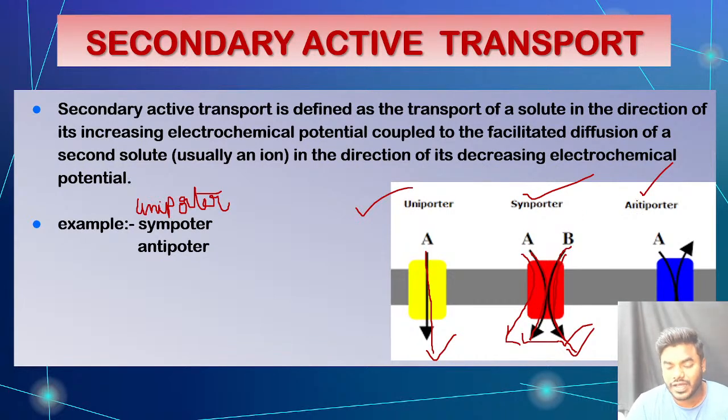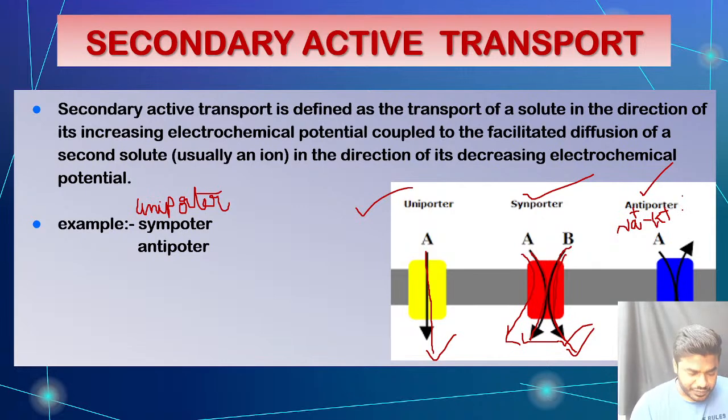Antiporter we all know very well. Movement of one ion inside, one ion outside. The best example you can take is the sodium potassium ATPase pump. And for the symporter you can take many examples, like sodium and glucose.